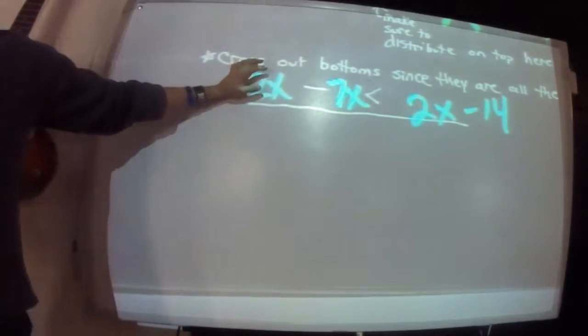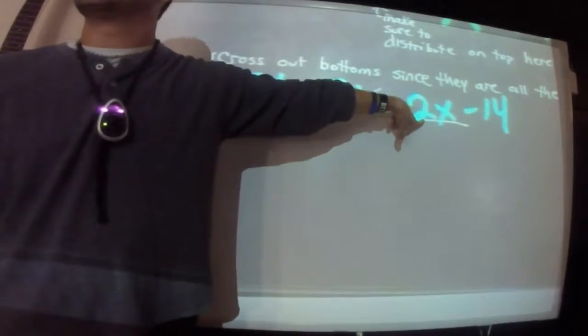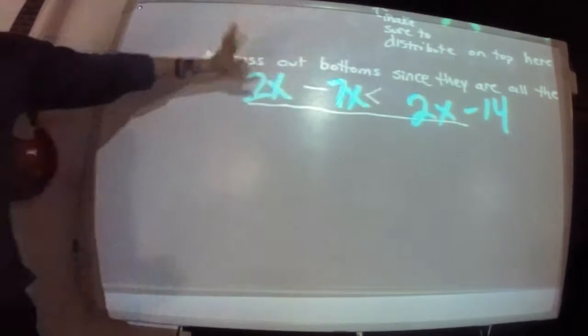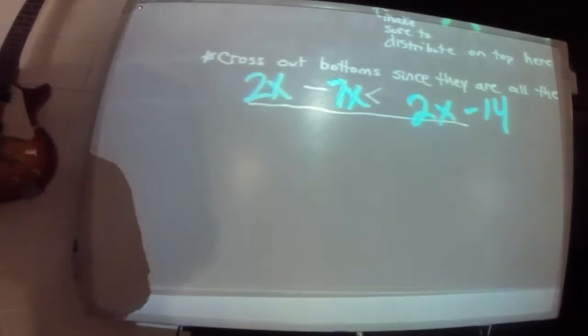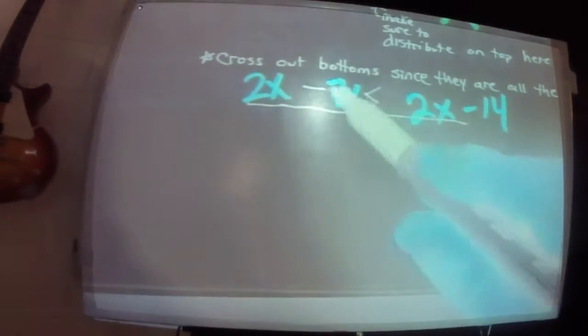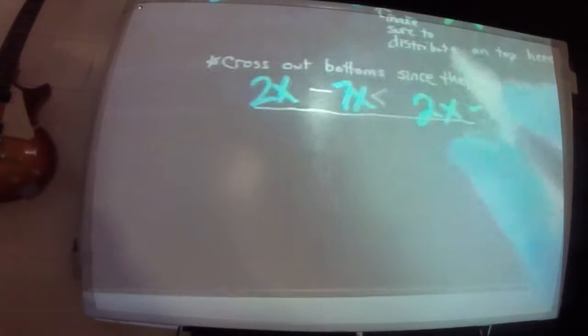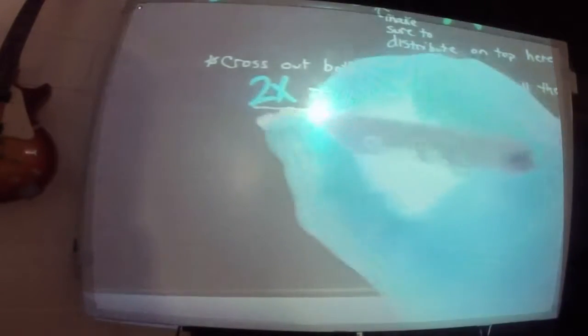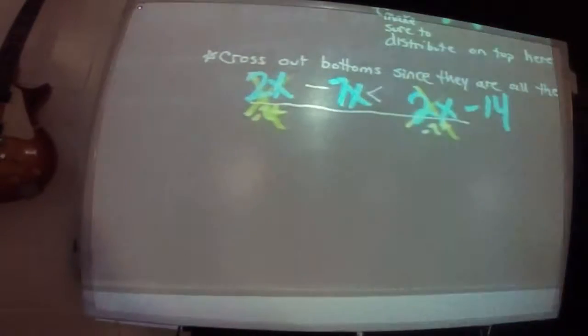And when I say they're the exact same, if this was 2x and that was negative 2x, that's a no-go. That is not the exact same. But if it's positive 2x on both sides, we can cross them out. If you think about it, if I have minus 2x on both sides, they would kill each other off. That is why these pieces can simply be crossed off right off the bat.